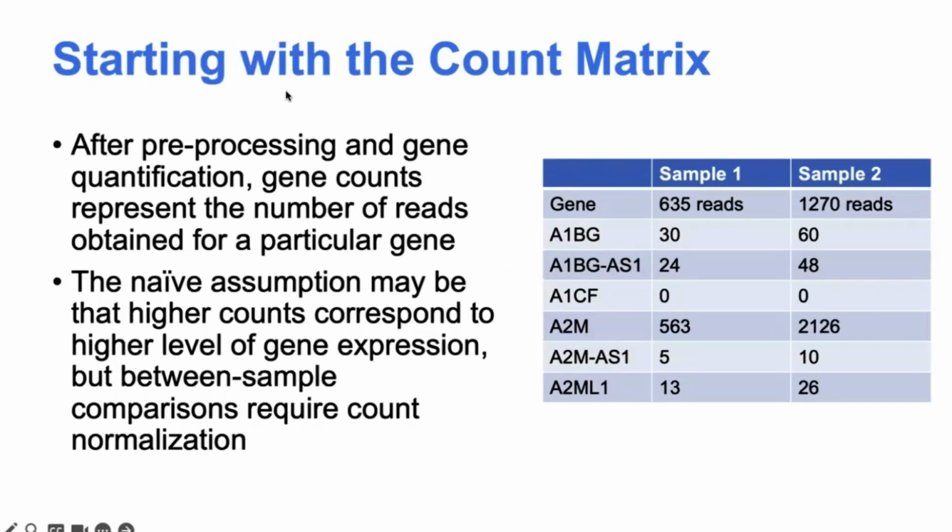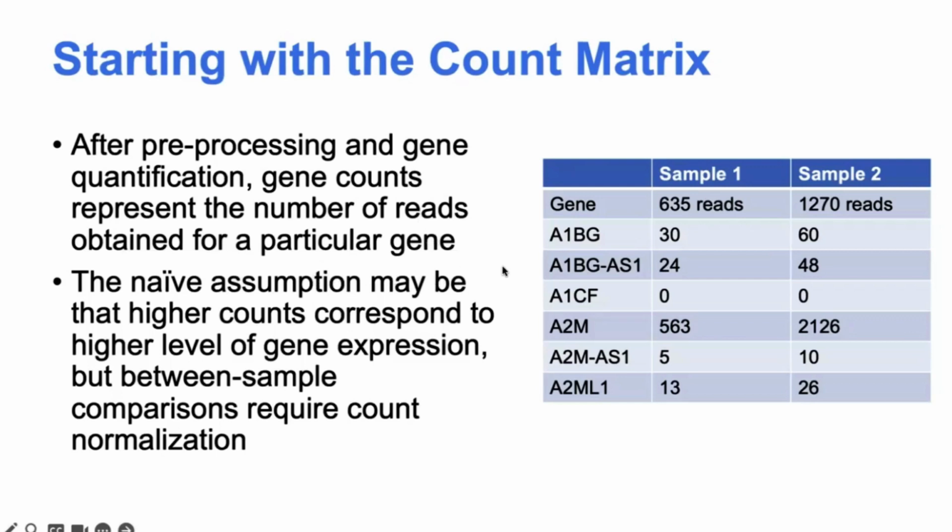Our starting point is going to be the gene count matrix, which should look something like this. We saw this in last week's lecture, where the rows represent the genes and the columns are the counts for each sample. If we want to compare the counts between samples, the naive assumption might be that we can just look at the numbers.